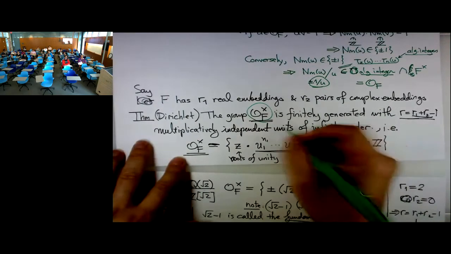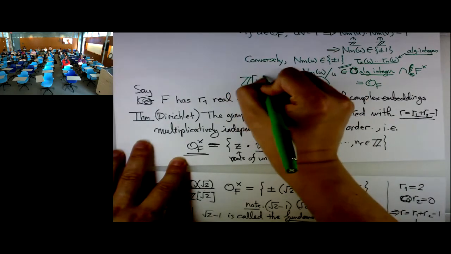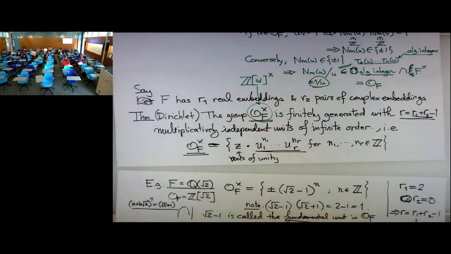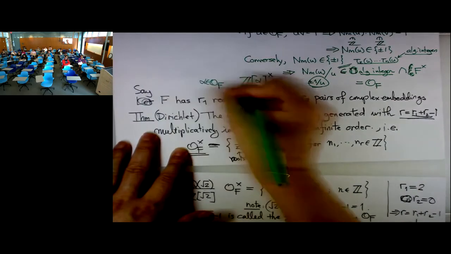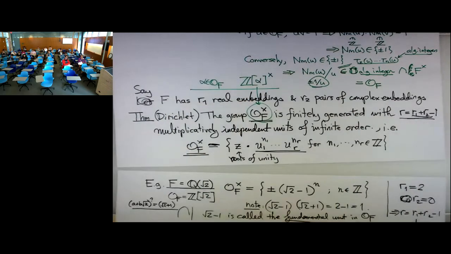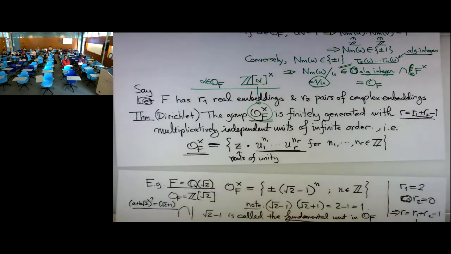The same works if I replace this O_F cross by Z[alpha] cross for any algebraic integer alpha. So this works for Z[alpha] cross too. But of course, you're going to get slightly different generators. As long as this thing in O_F is of finite index, it's okay.